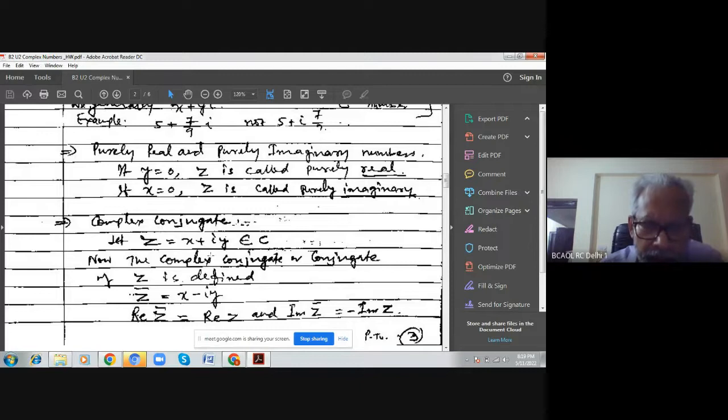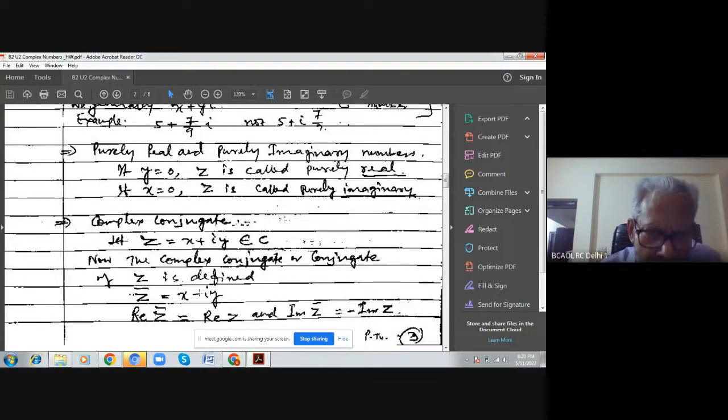Conjugate is basically changing the sign. If I try to clarify here, just listen. Z is equal to, suppose a complex number is given, x plus iota y, then the complex conjugate of z is defined. So you see z bar; here actually it is a plus, now it is a minus.